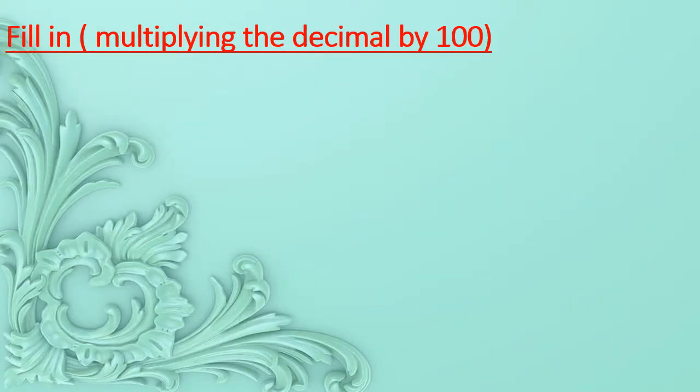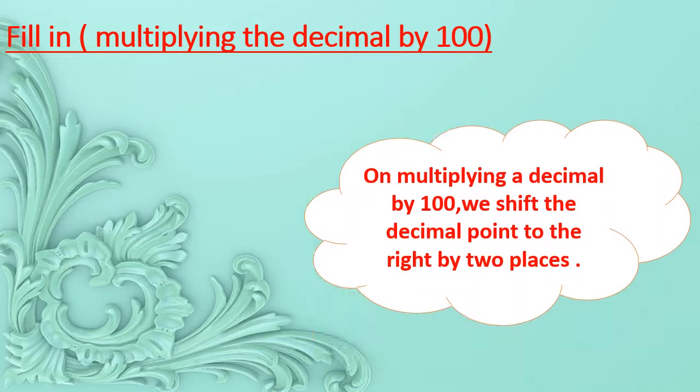Now students, in this section we are going to multiply the decimals by 100. So the first question is 0.936 multiplied by 100. First we will shift the decimal point to the right side by 2 places, as in 100 we are having 2 zeros.